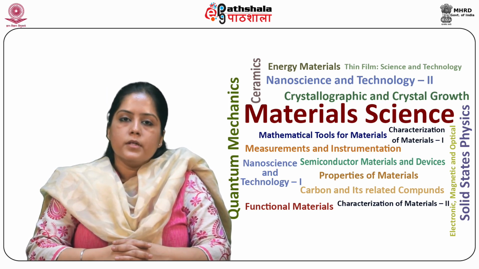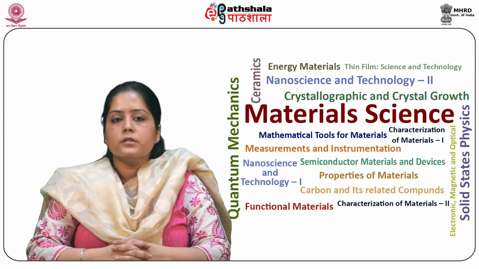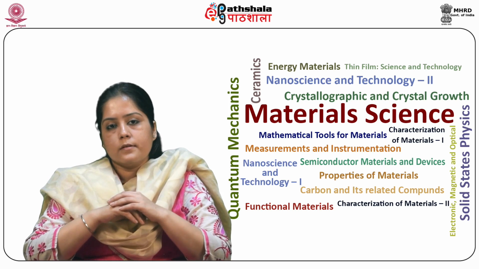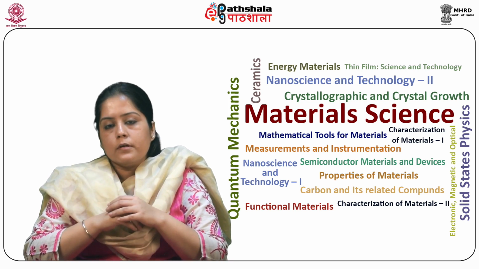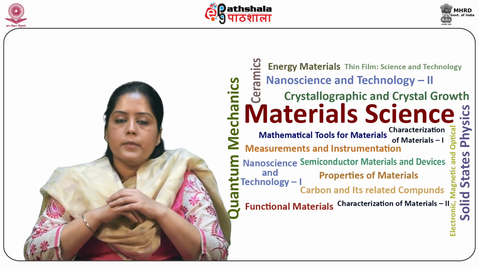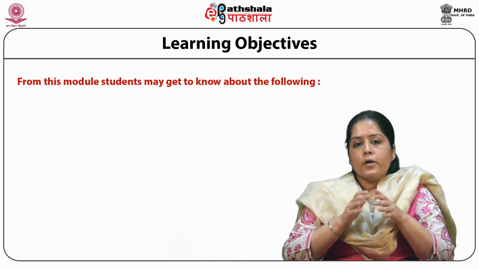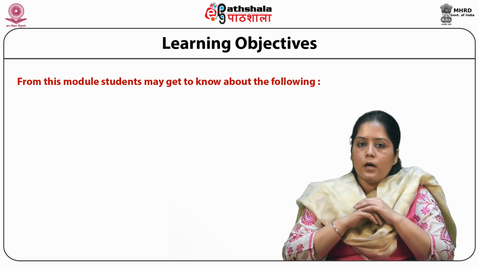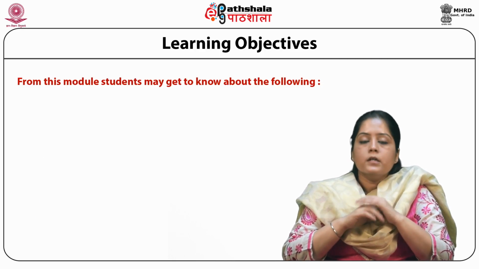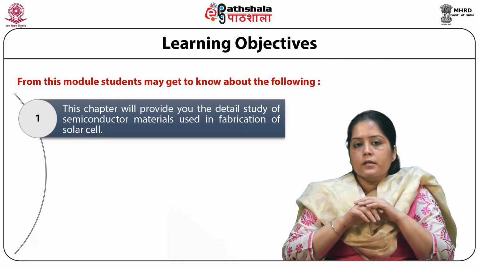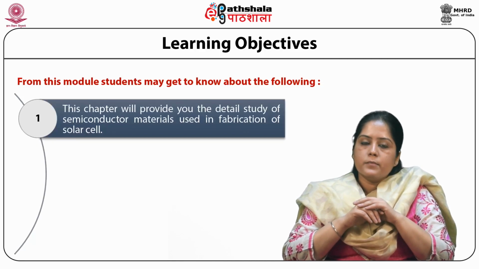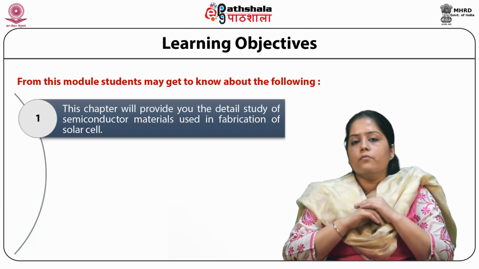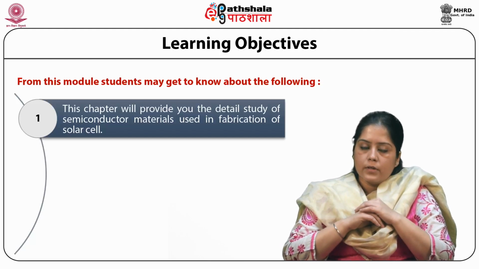Today we are going to discuss the module Other Solar Cell Materials from the paper Energy Related Materials. The main points covered in this module are: first, a detailed study of semiconductor materials used in the fabrication of solar cells will be discussed.